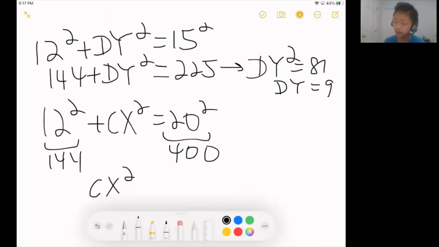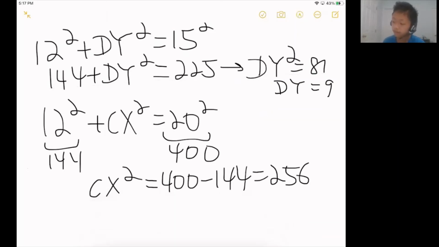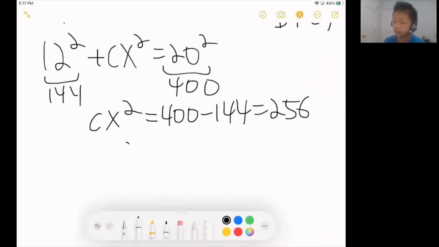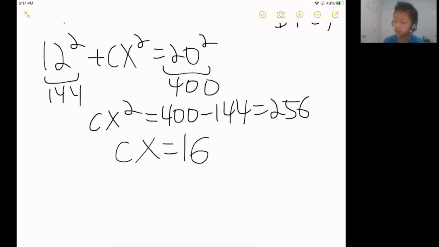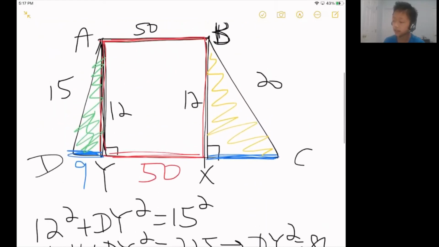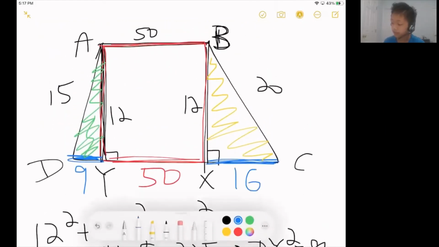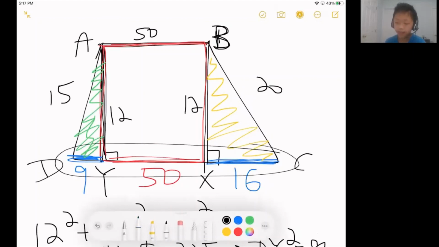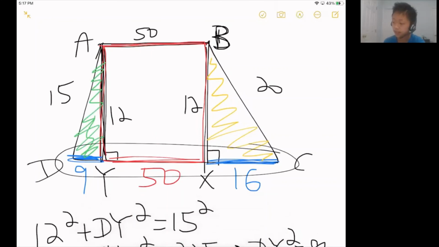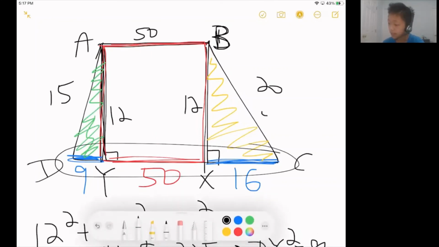You get CX squared equals 400 minus 144, which is 256. Now we can take the square root of both sides. The square root of 256 is 16. So CX has length 16. We can replace this length with 16. And now we can find the length of CD, this entire length, by adding up 9 plus 50 plus 16. So CD is 75.